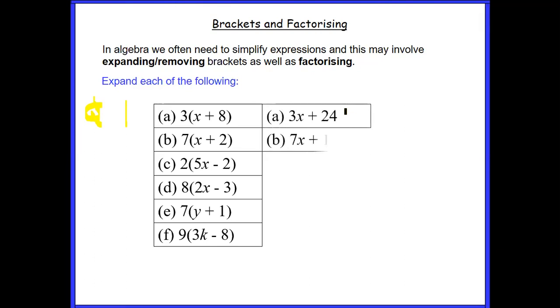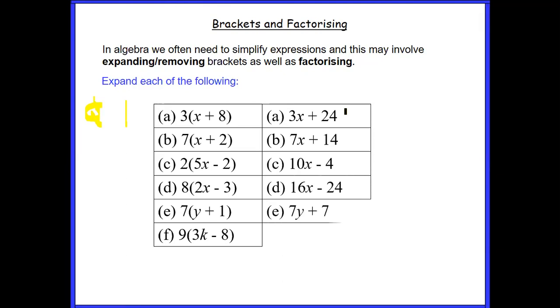You would have 3x plus 24, 7x plus 14, 10x minus 4, 16x minus 24, 7y plus 7, and 27k minus 72. So mark your work. If you have any questions, you can always send me a message on Google Classroom and I'll respond to you with an access code for a Zoom room so I can give you one-to-one support.